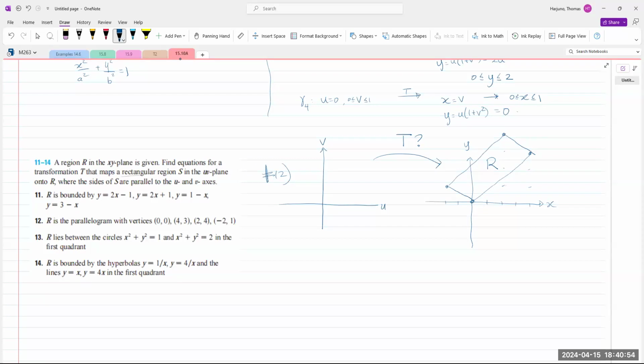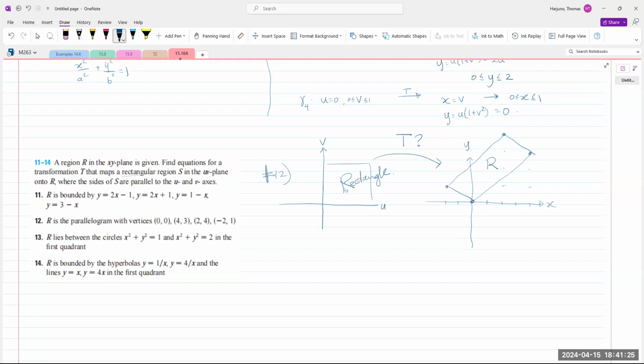Find the T such that you come from a nice rectangle. We don't know what the rectangle is yet, but we'll find a rectangle using that transformation to get R. Now, the strange thing here is we know the final result and the final result is ugly.